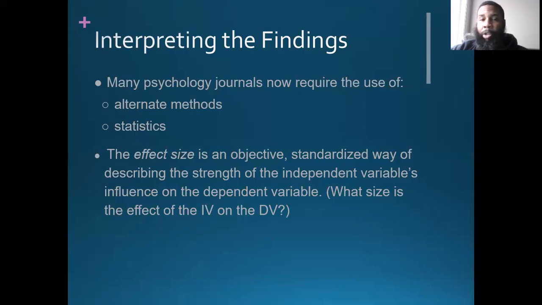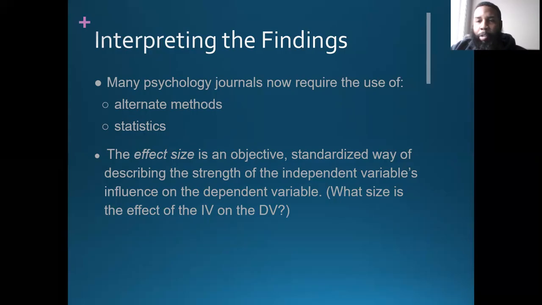So effect size is simply the objective, standardized way of describing the strength of the independent variable's influence on the dependent variable. What size is the effect of the independent variable on the dependent variable, right? So don't get all these terms mixed up right now. We're going to go through them multiple times, right? But for now, your p-value: what's the probability that the findings I have are due to chance?